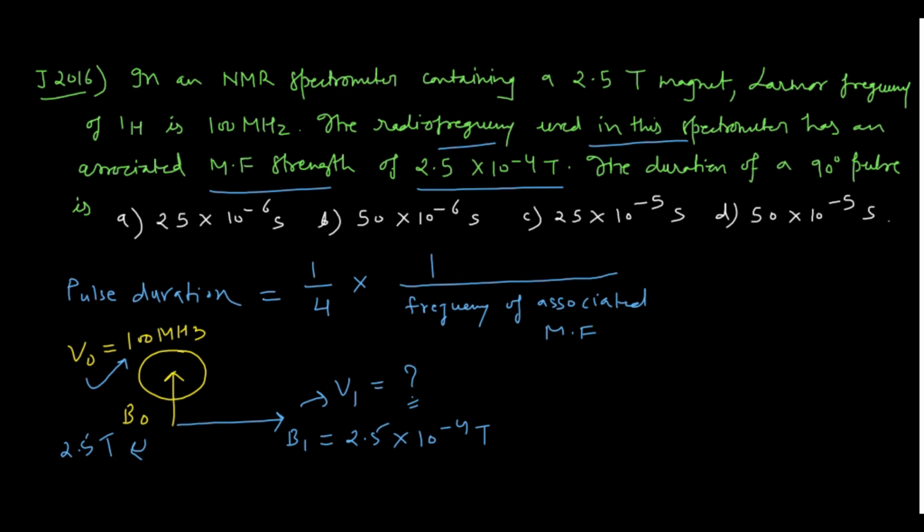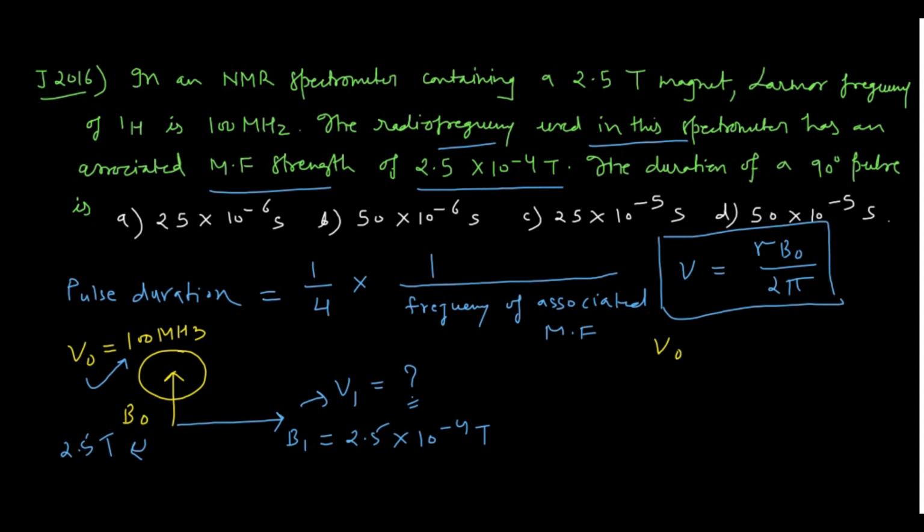So first of all you have to calculate this nu1. You know the formula: nu equals gamma B0 divided by 2 pi. This is the famous Larmor equation. Given this, you can immediately form two equations.